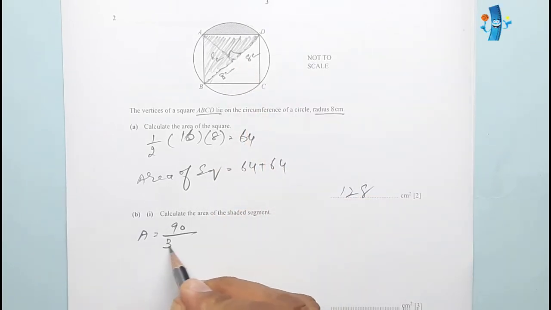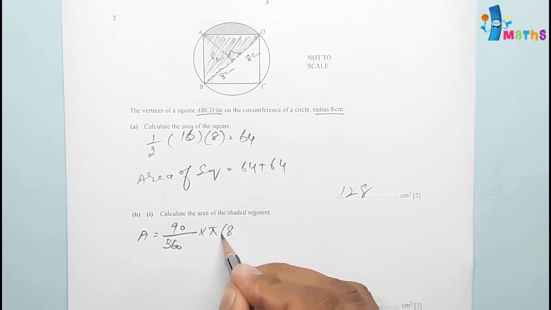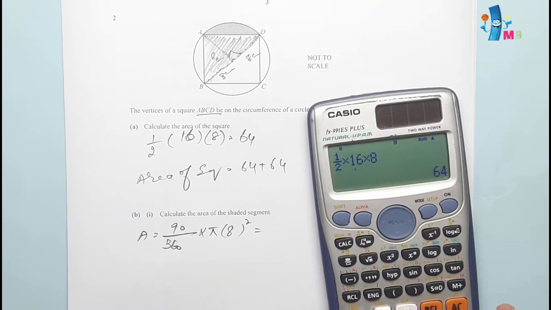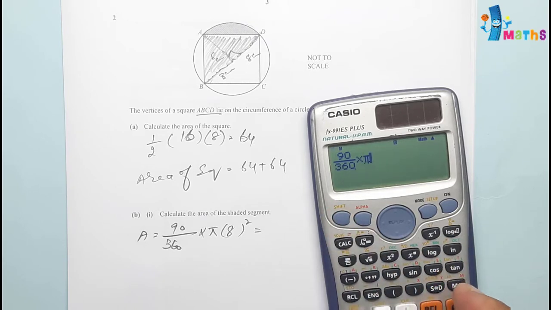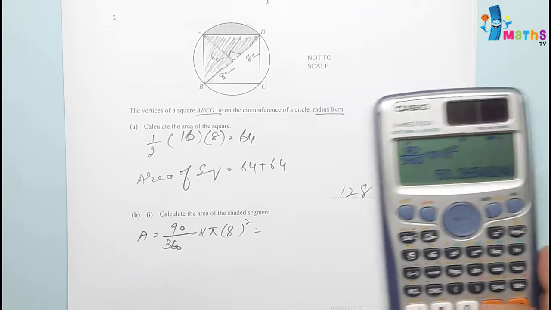So 90 over 360, the sector formula we are applying, into pi r squared, which is 8 squared. So 90 divided by 360 multiply by pi multiply by 8 squared will be equal to 50.265.